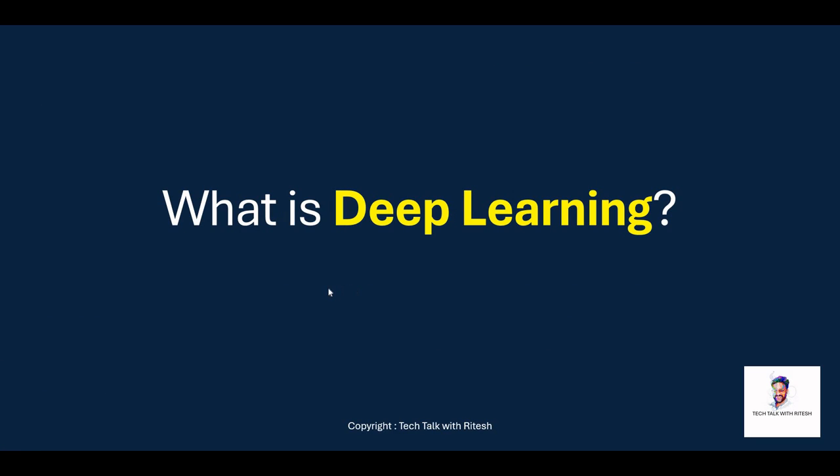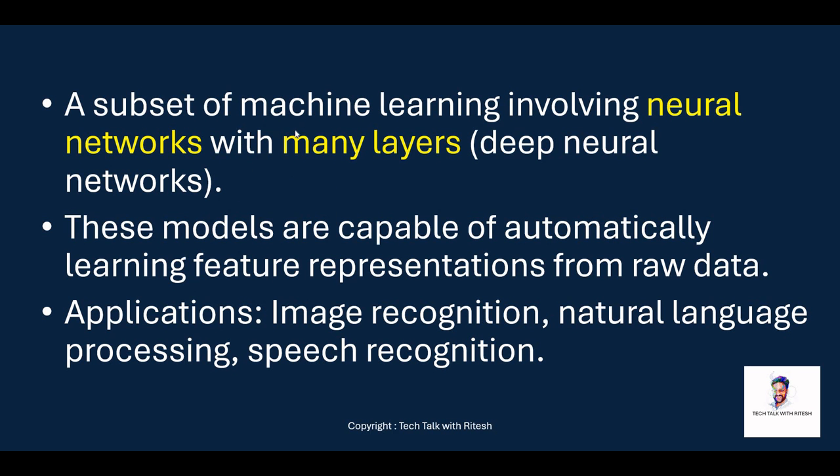Next concept is deep learning. What is deep learning? Let's see that. Deep learning is a subset of machine learning involving neural networks, and we'll see what a neural network is, with many layers, and we call it a deep neural network.